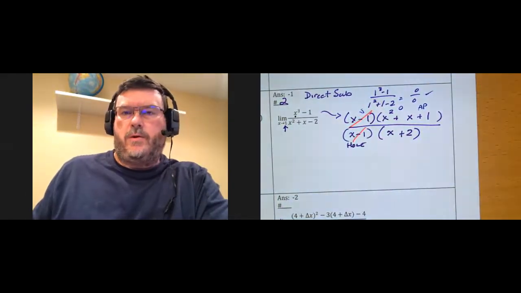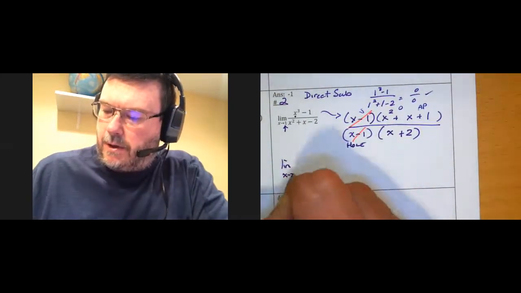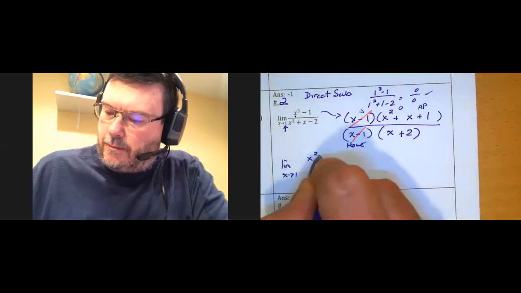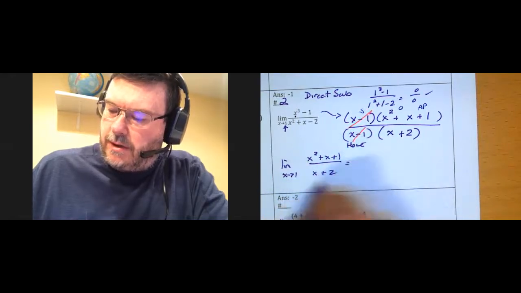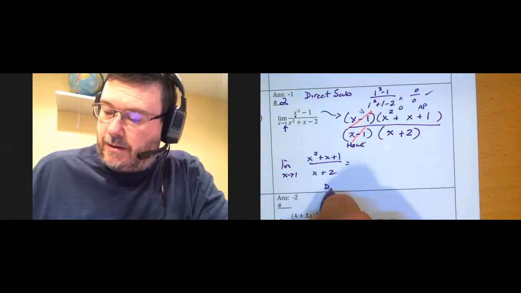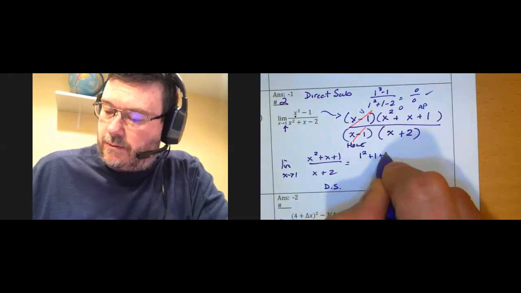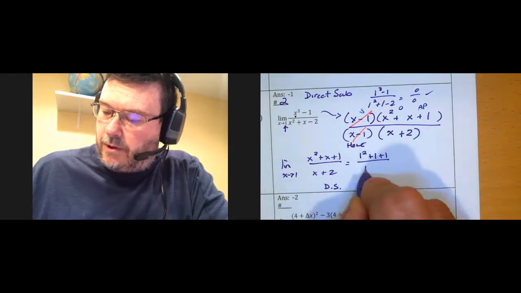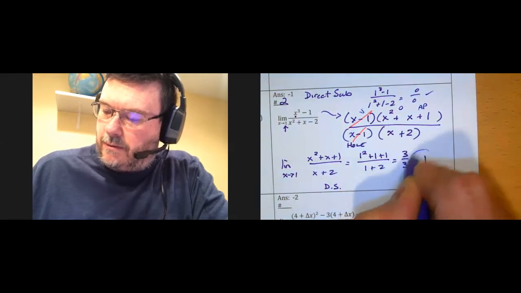That's the removable. So what we're going to do is we're going to now look at the limit as x approaches 1 of x squared plus x plus 1 over x plus 2. And when we do direct substitution now, we get 1 squared plus 1 plus 1 over 1 plus 2, which is 3 over 3, which is equal to 1.